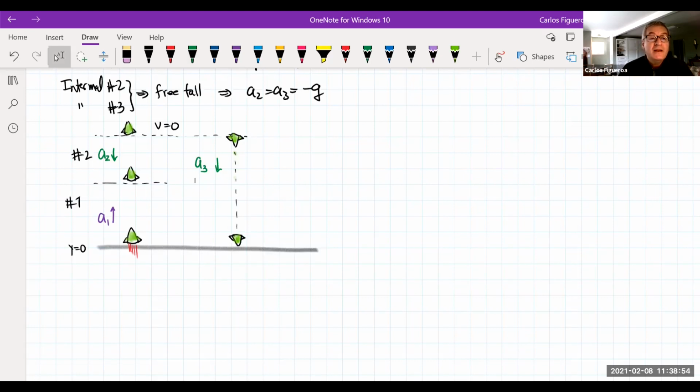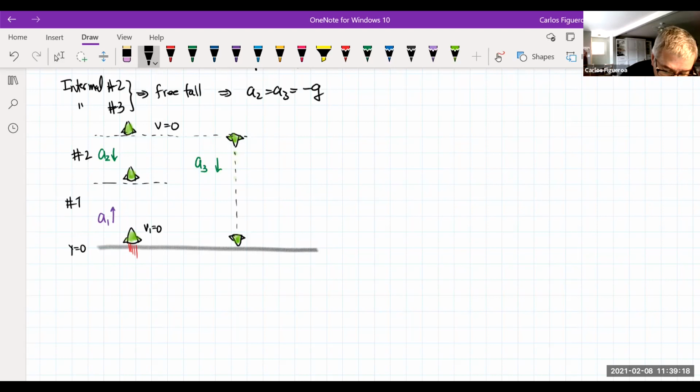So what I want to do now is that when I look at this, what does my motion diagram mean here? Well, my motion diagram tells me that, remember, I don't have to give all these details. What I do know is that the initial velocity is 0.